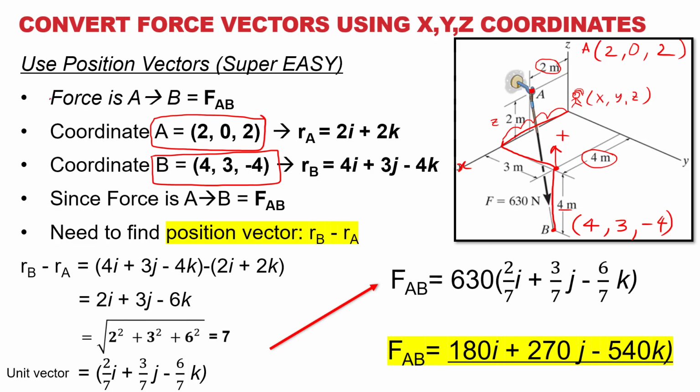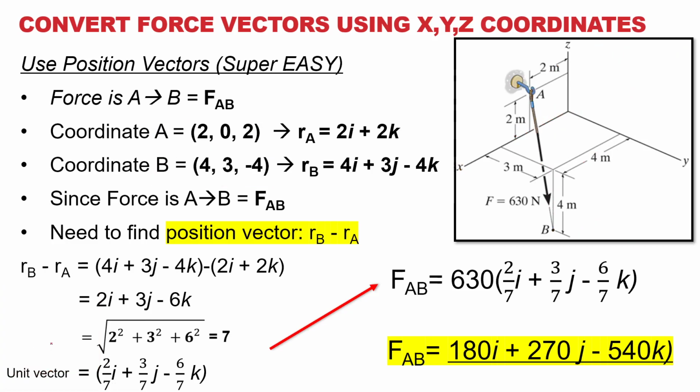Now we are learning how to convert force into vector. So let's look at this force. I guess everything is okay. Let's clear all the ink on this side. We have established coordinate A is 2, 0, 2, coordinate B is 4, 3, -4. Now let's look at the force.